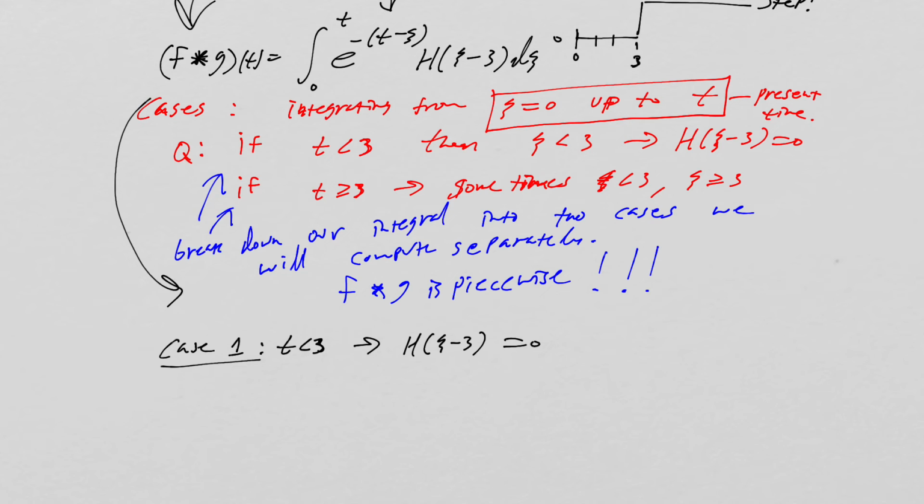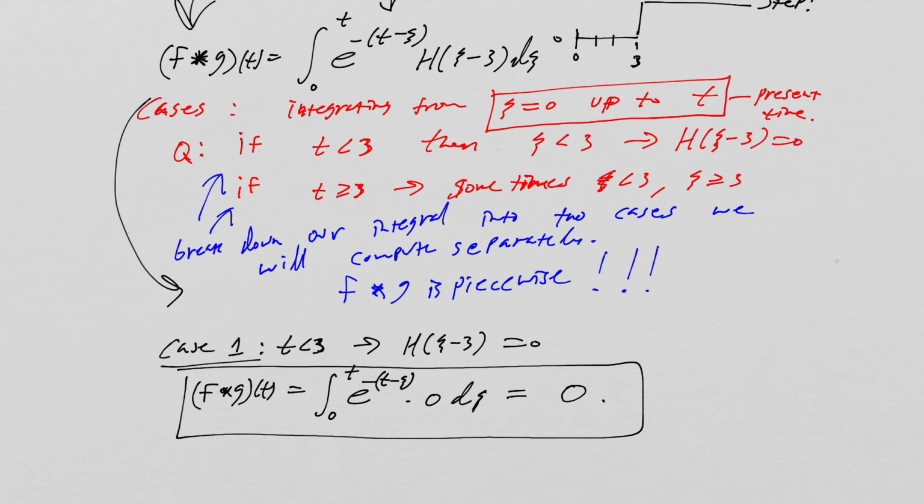This is a very simple case, and that means f star h of t is the integral from 0 to t of e to the negative t minus c quantity times 0 dc, in which case the answer is, drum roll, 0. So that wasn't too hard. In the next case, though, I'm going to have to think about this a little bit harder.